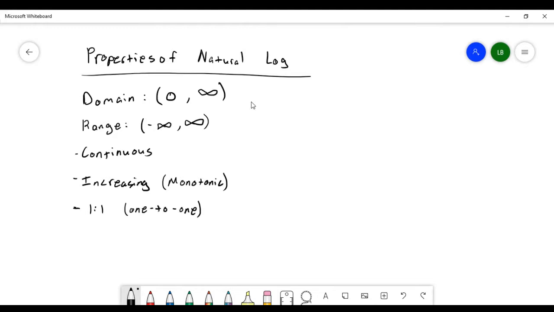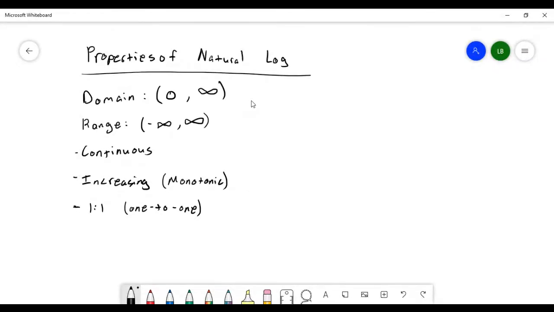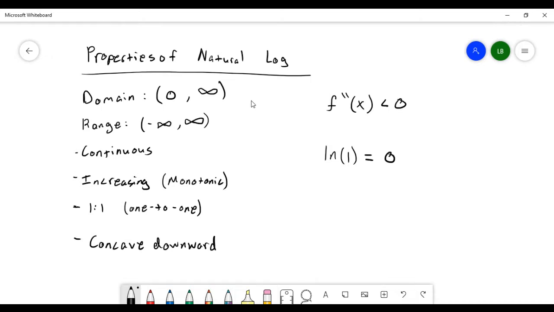This is actually important when we start talking about inverses, which we'll do later on. It is also concave downward, which means that its second derivative should always be less than 0. A couple of important values of natural log: natural log of 1 is equal to 0.